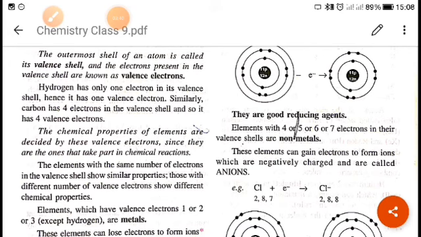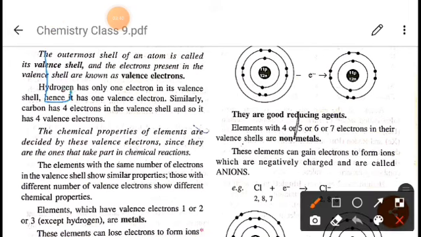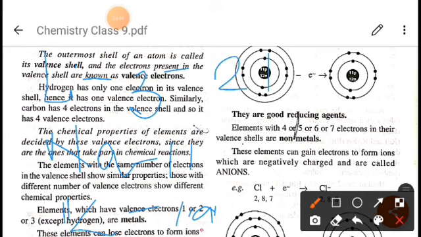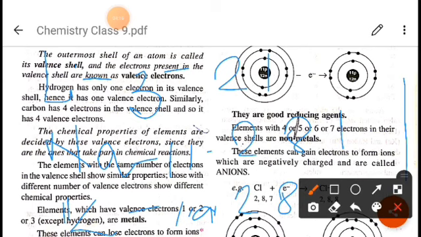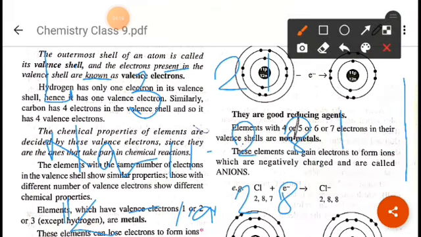Just like, suppose we have lithium, sodium and potassium, three elements, with atomic numbers 3, 11, and 19. Their electronic configurations are: for lithium 2, 1; for sodium 2, 8, 1; and for potassium 2, 8, 8, 1.